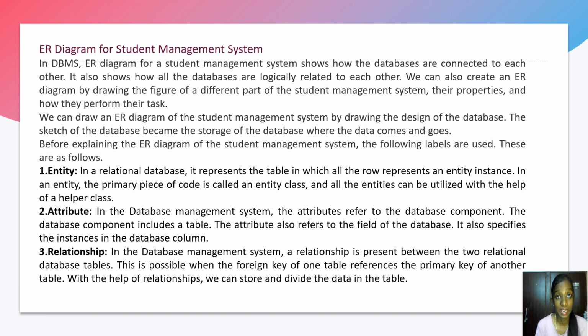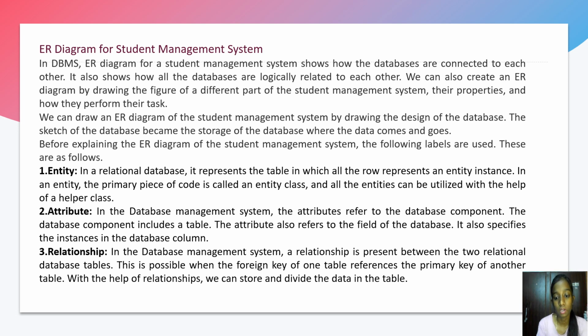So first we'll see what is an entity. In a relational database, it represents data in which each row represents an entity instance, and it has an entity, a primary piece of code called the entity class. All the entities can be utilized with the help of a helper class. Attribute. In a database management system, an attribute refers to a database component. The database component includes a table.